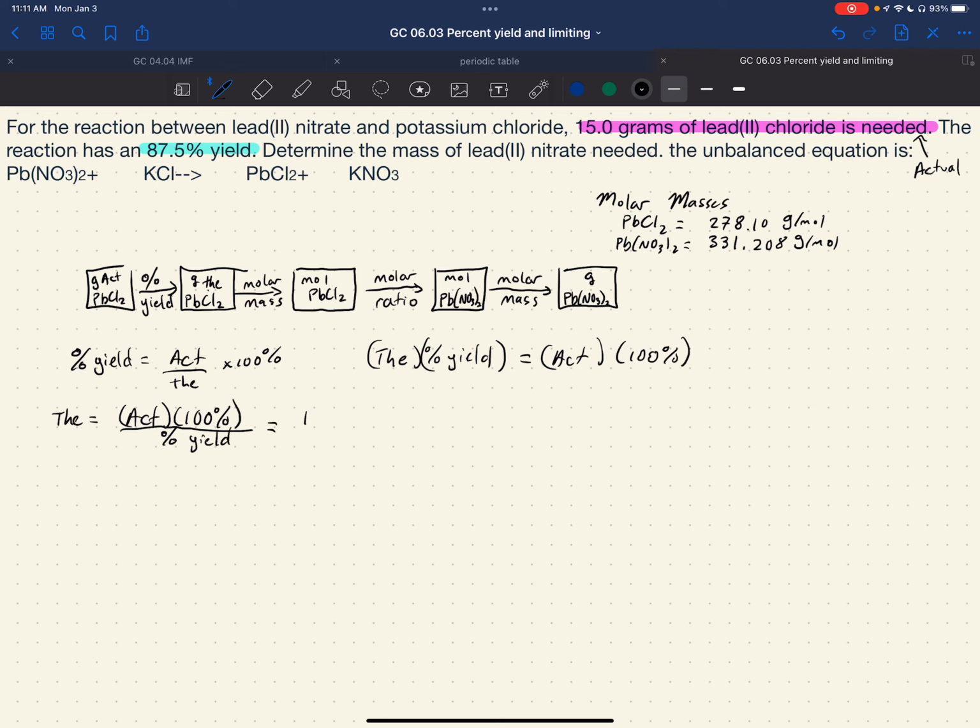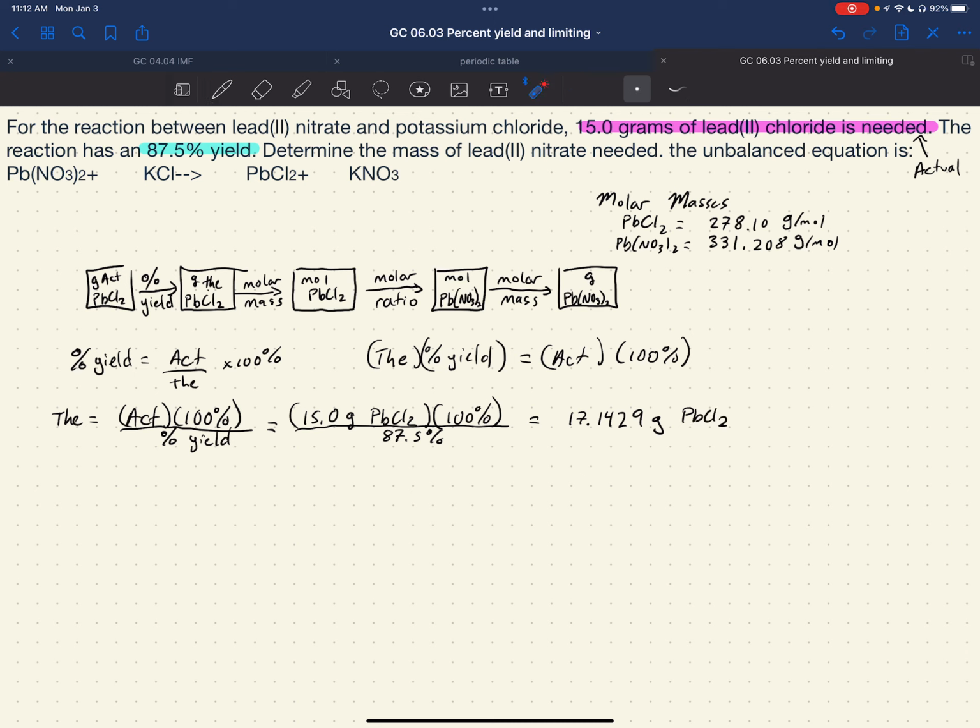So that would be 15.0 grams of PbCl2 times 100% divided by 87.5%. And when I do that math, I get 17.1429 grams PbCl2.